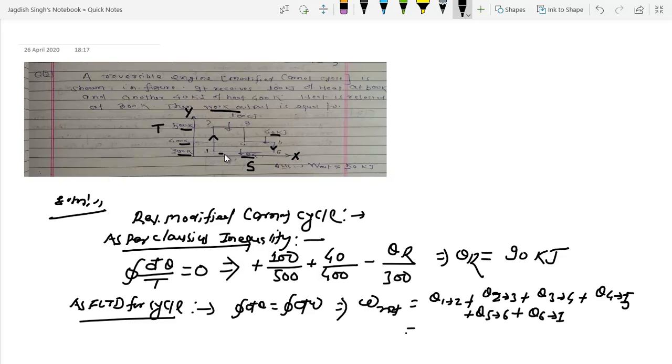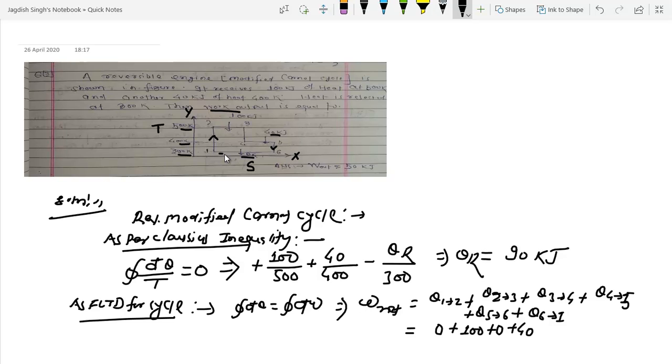In process 1 to 2, this is an isentropic compression process, so there is no heat addition. This is 0. Process 2 to 3, 100 kilojoule of heat is added. In process 3 to 4, once again an isentropic expansion process, there is no heat exchange. Process 4 to 5, 40 kilojoule of heat is added.